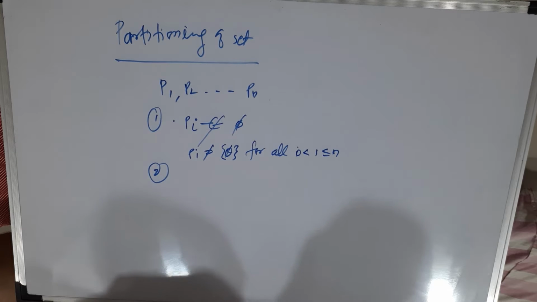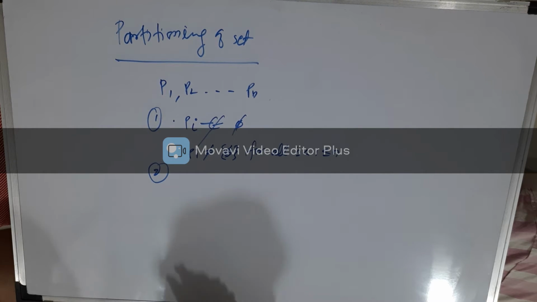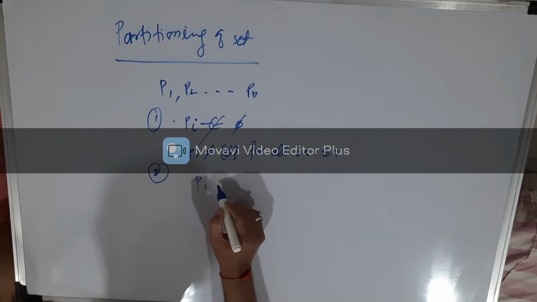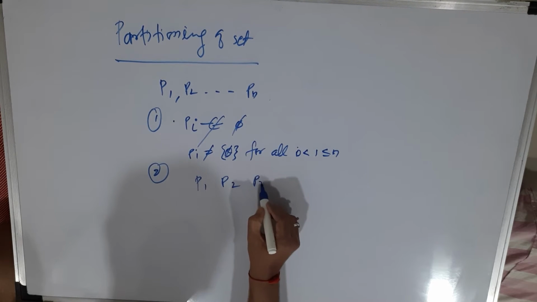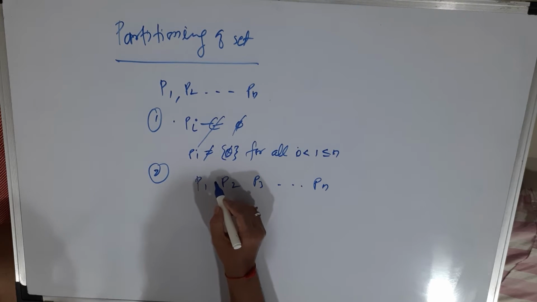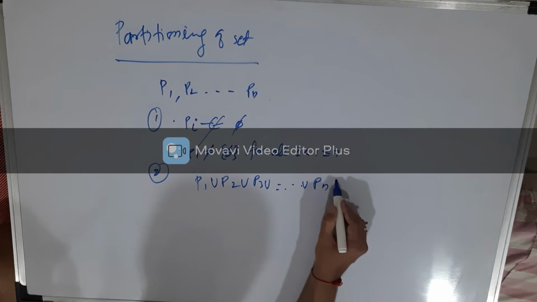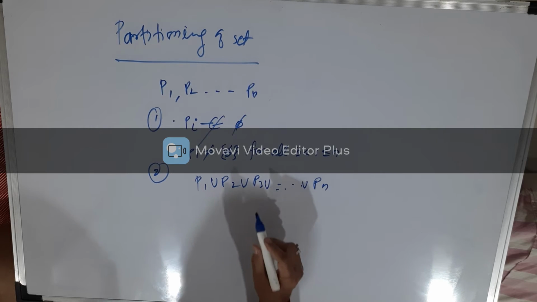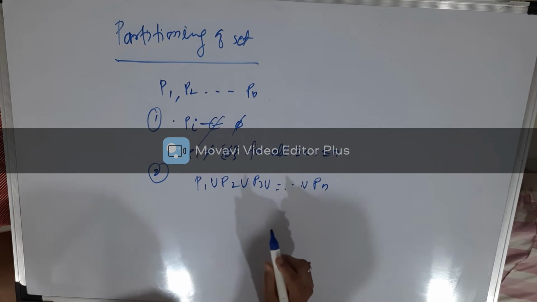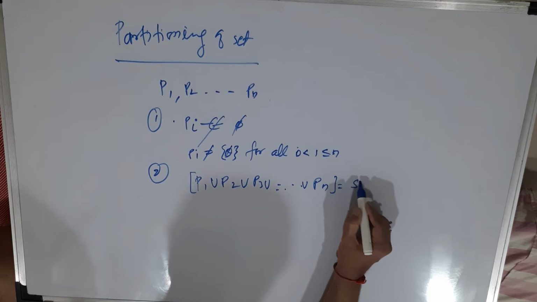We can say that the original set is S. So if I have P1, P2, P3 up to Pn, the union of all of these will be the entire set S.